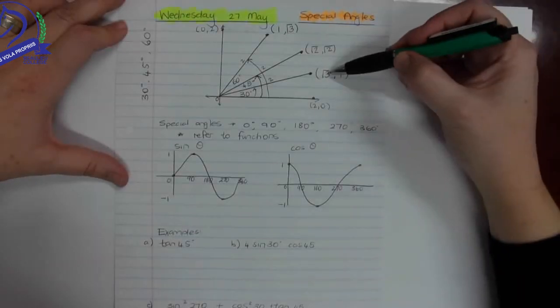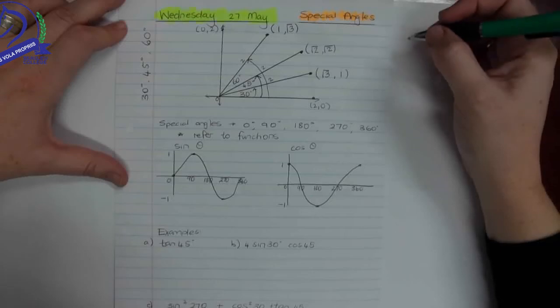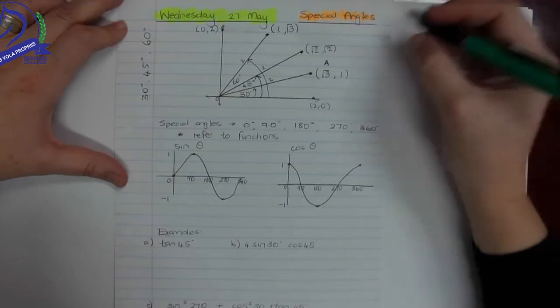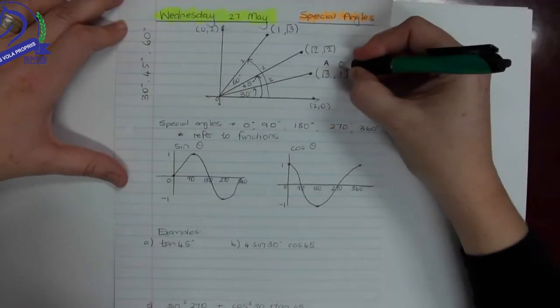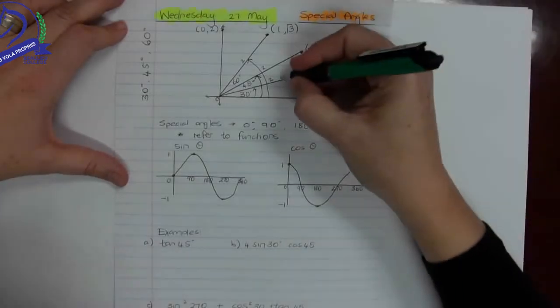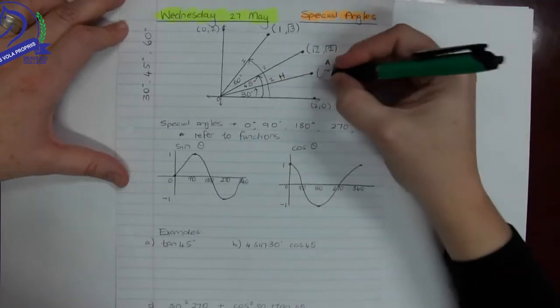And that is theory. Okay, so how do I know which one is which? So my x and y coordinate represents a side. So the adjacent side is represented by x. The opposite side is represented by y. And my radius is my hypotenuse.